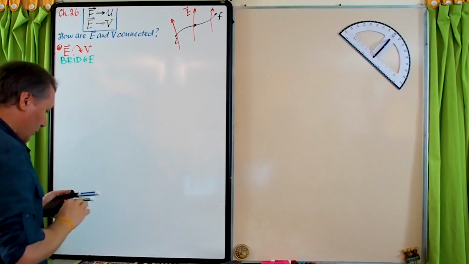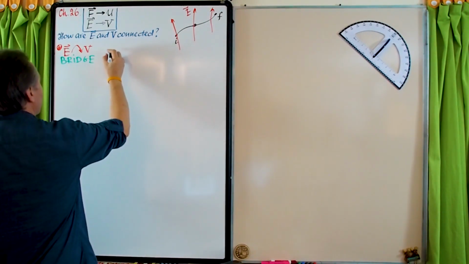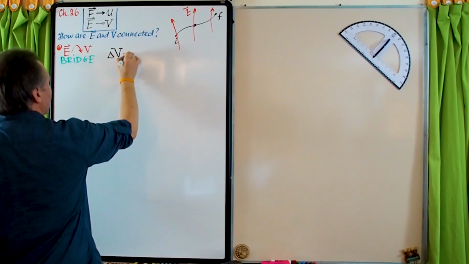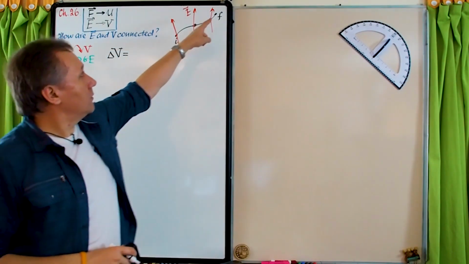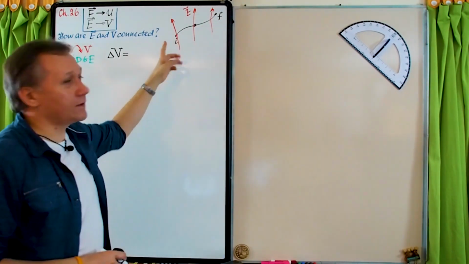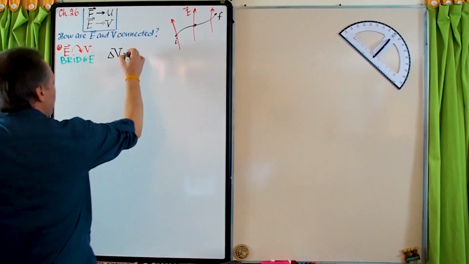All right, and so using that idea of work, we derived this formula. So delta V, the change in the electric potential, which is basically V final, the potential at the final point, minus the electric potential at the initial point. Okay, let me write.